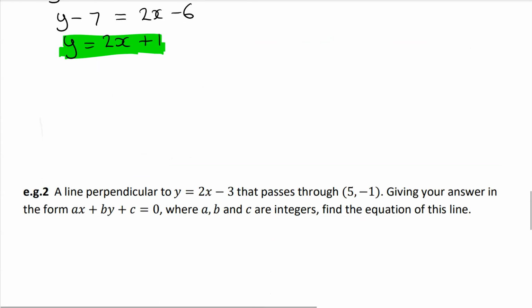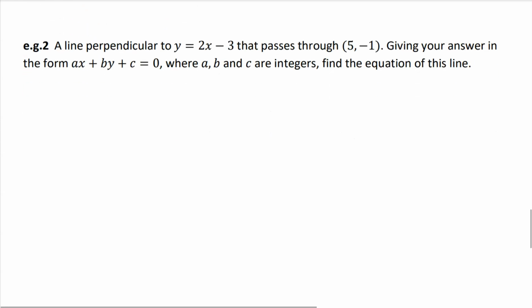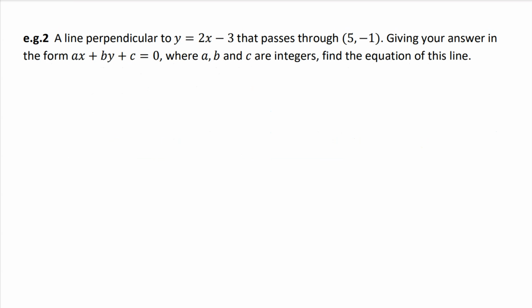The next example we're going to do is where we're going to find a perpendicular line. Okay, so you're told a line perpendicular to y equals 2x minus 3 passes through the point (5, -1). So this time we're going to give the equation of the line in the form ax plus by plus c equals 0. Now it's the same line again.